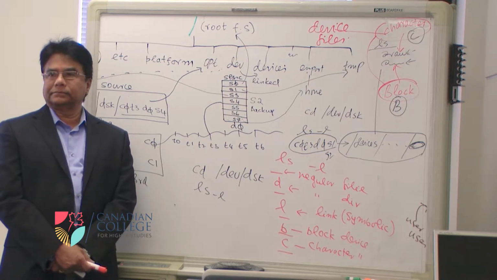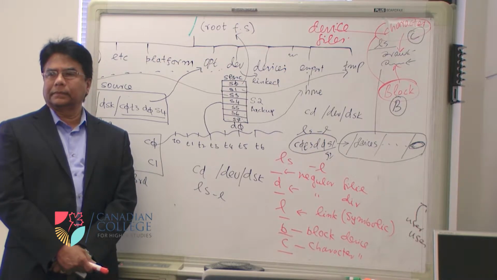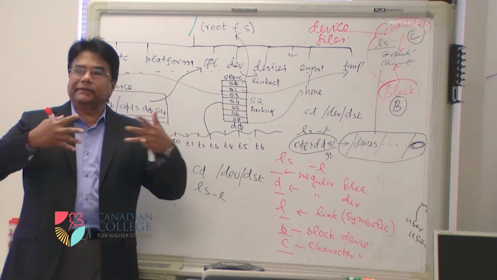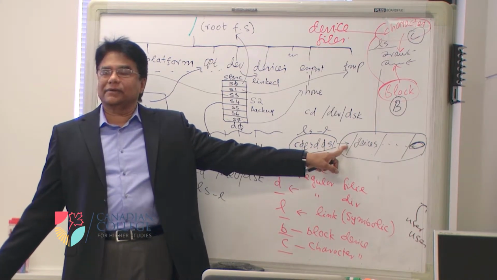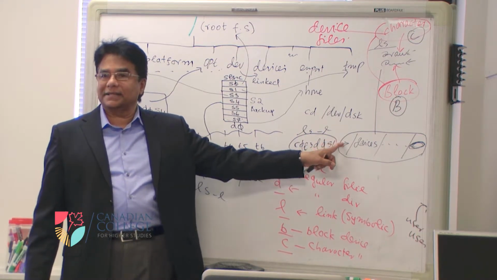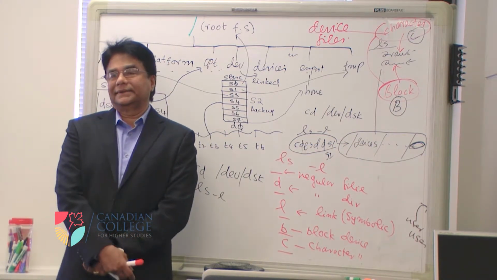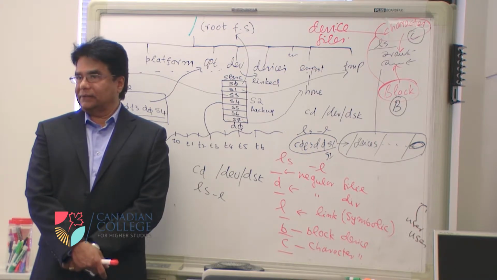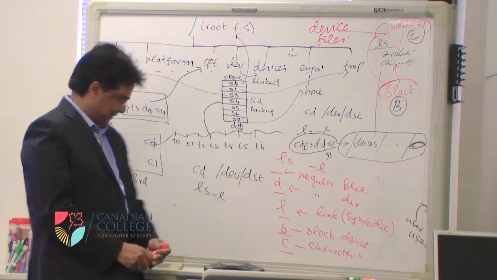And ls -l will show different kinds of files and the link between them. It will show this arrow. If I say just ls, it won't show the arrow. It will show only these files. But if I say ls -l, it shows the links. So no questions. Everything is clear.